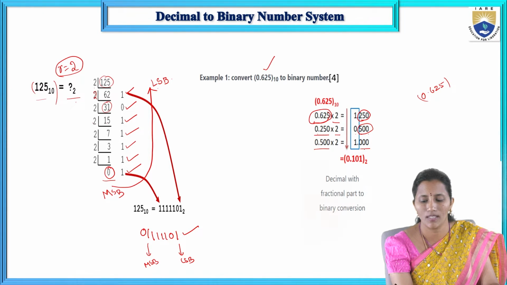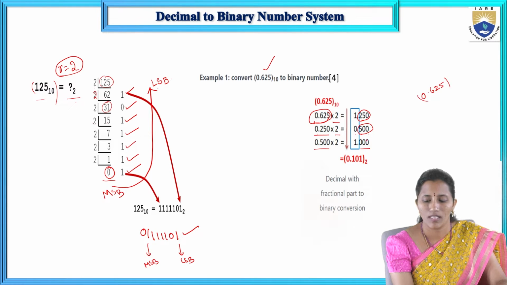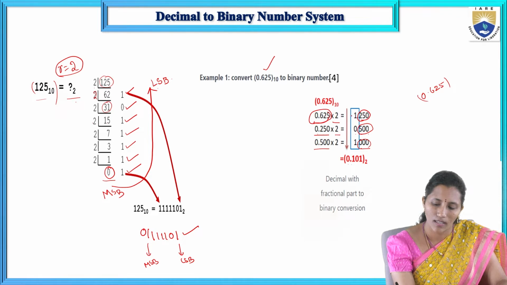So here we got 0. If we multiply by 2 again, we will get 0. This procedure is repeated until the same number repeats in the fractional part. Consider only the integer parts, from up to down. So this is MSB, this is LSB.